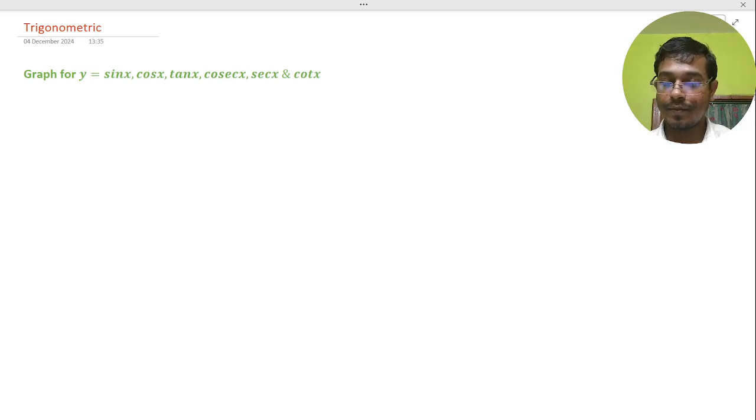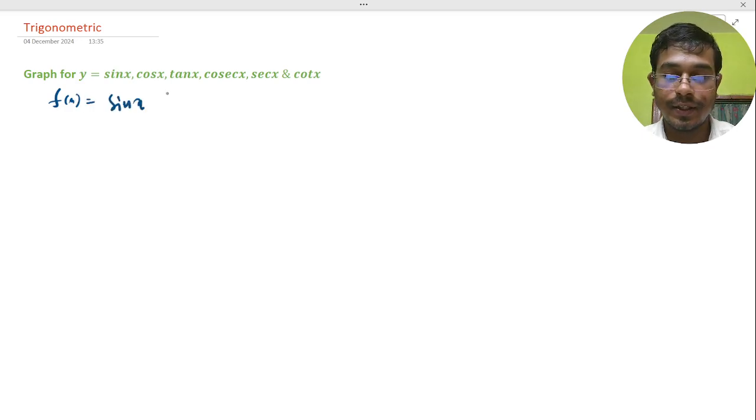So for deducing, we first write the domain and the range for f(x) equal to sin x: the range is -1 to 1 and the domain is R.